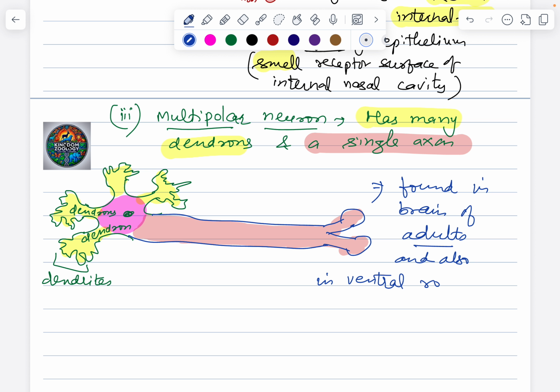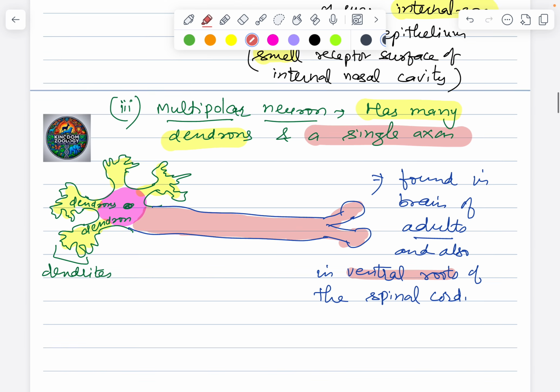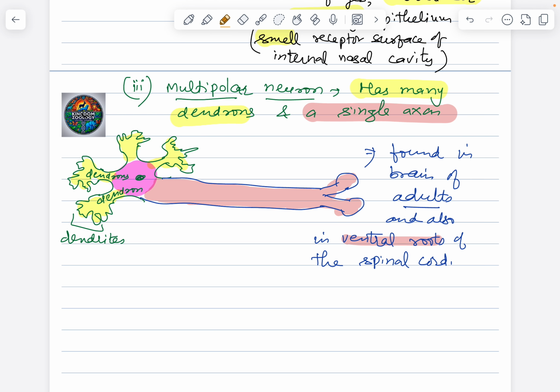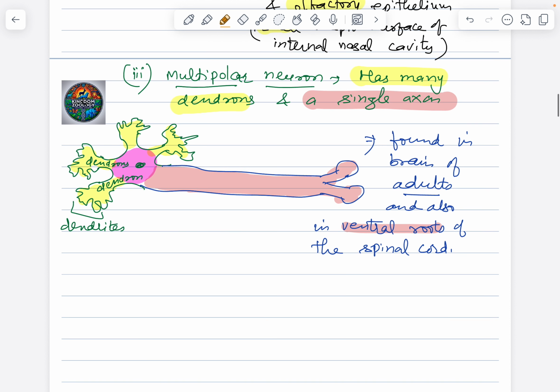Yeah, so found in the brain of adults and also in the ventral roots of the spinal cord. Now this is an interesting word over here, ventral roots of the spinal cord. What does this exactly mean? Just to give you a brief idea, even though we will be discussing the brain and spinal cord in our further lectures, but this, let's say, is your spinal cord, which goes up to continue forward as the brain.